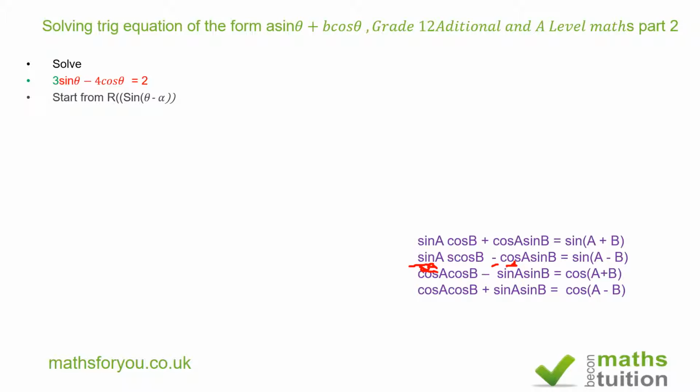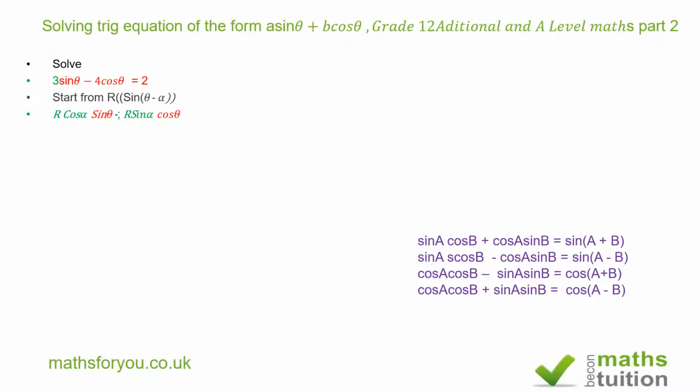So now I have to try and rewrite my r sine theta minus alpha, because the sine B there, I should try to replace this sine B and the cos B with something else. So now when I expand this bit here, I get something like this one here.